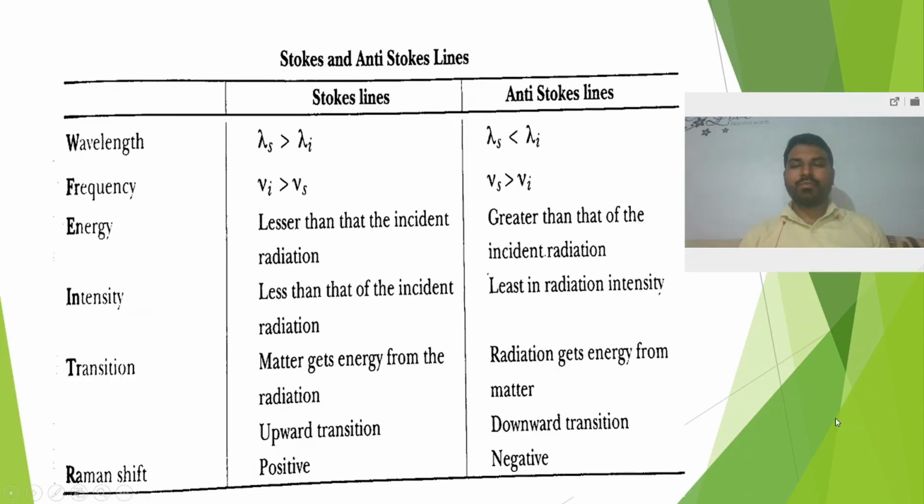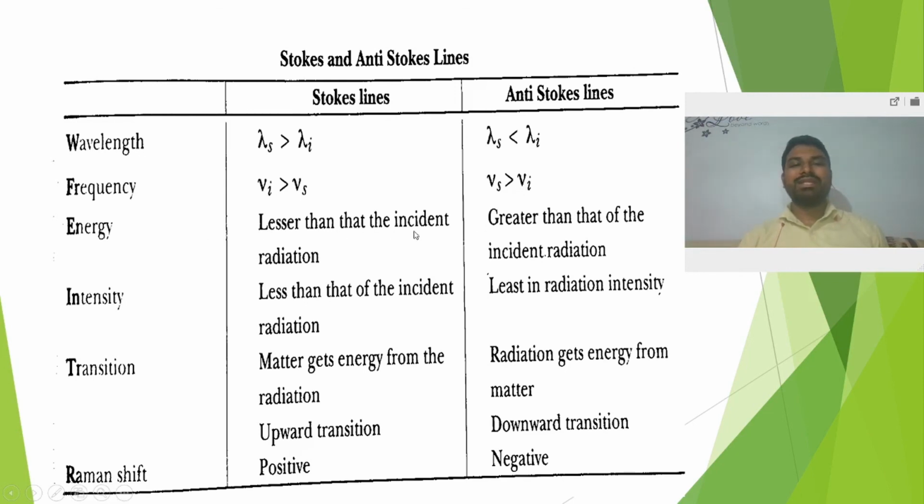So these are the differences between the Stokes lines and anti-Stokes lines. In Stokes, lambda s will be greater than lambda I, and here lambda s will be smaller than lambda I. Frequency of the incidence beam will be greater than that of the scattered beam, and over here the scattered beam frequency will be greater than the incidence beam.